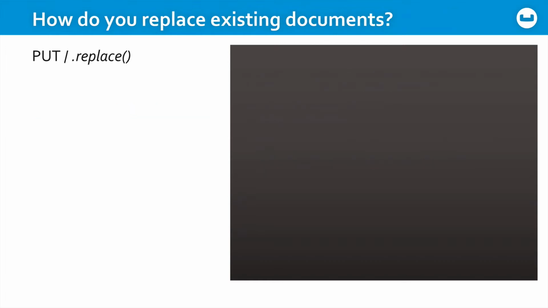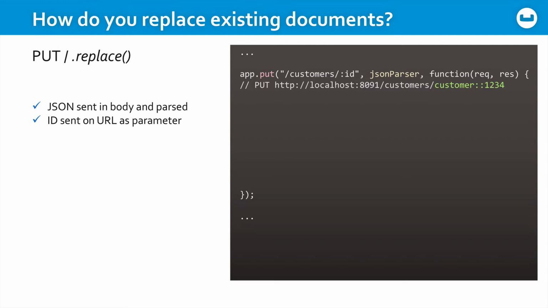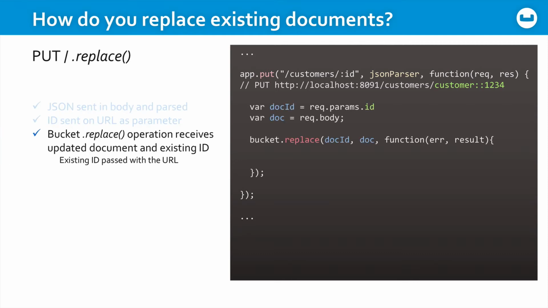So how do you replace existing documents? Normally this would be mapped to a put route in a REST API. Again, you send in the JSON, and in this case, you do want to have the ID of the specific document that you're trying to replace, that you're trying to update or put, whichever way you like to think of that. So we get the ID off of the parameter through request.params.